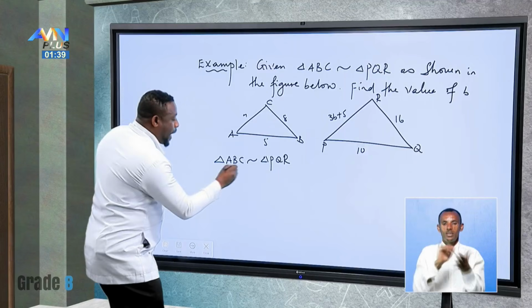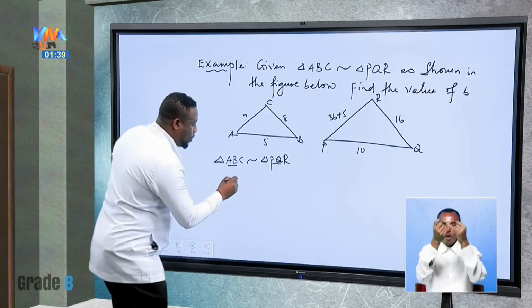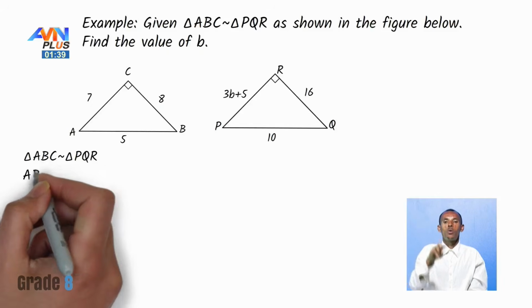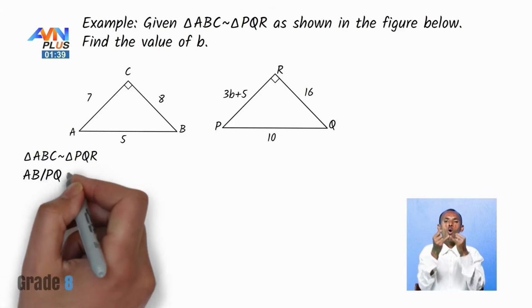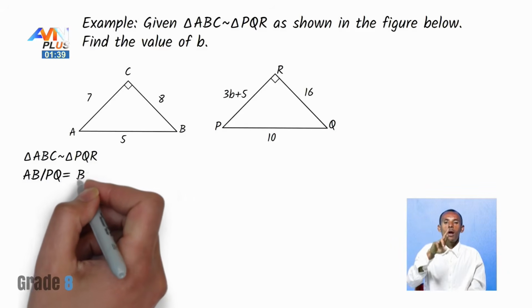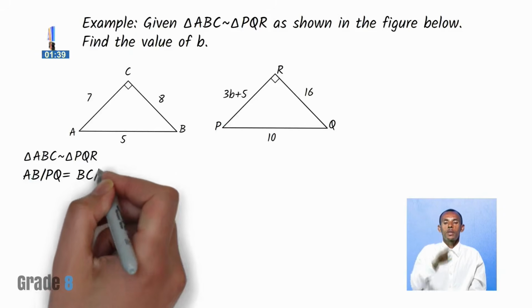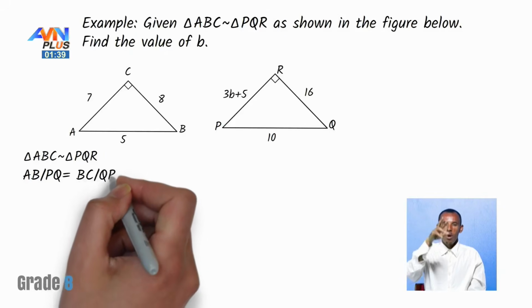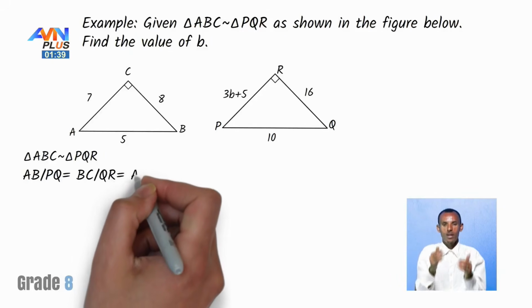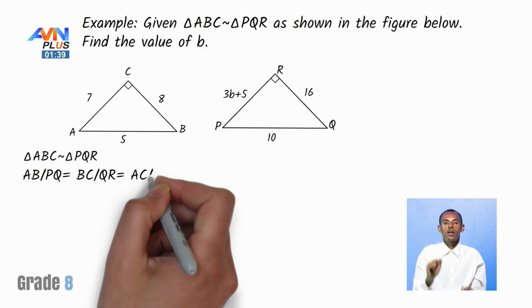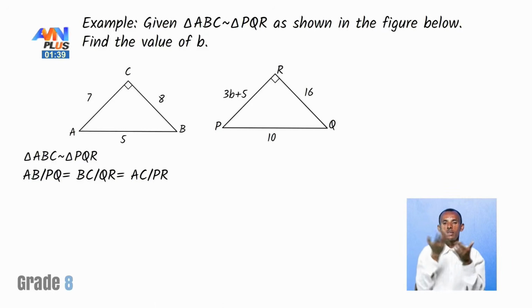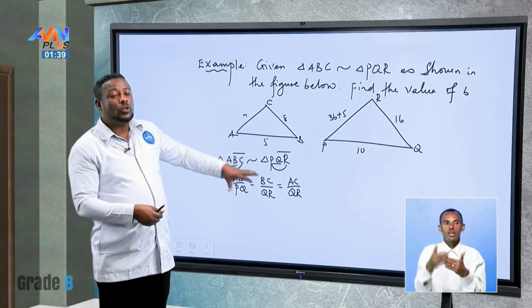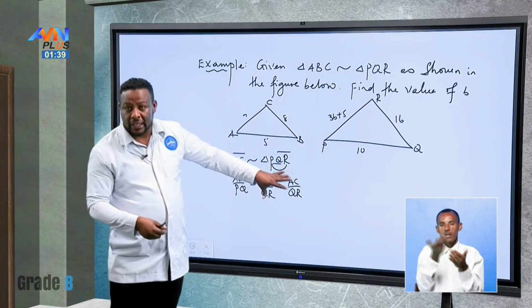That means AB over PQ must be the same as BC over QR, and the third proportion is AC over PR. This is the first step that you need to follow. Then next you need to substitute everything in this equation.